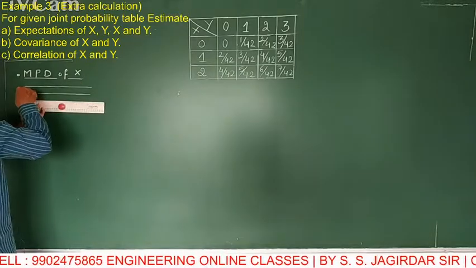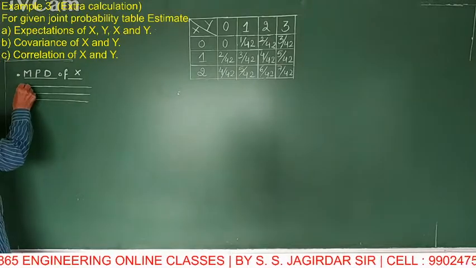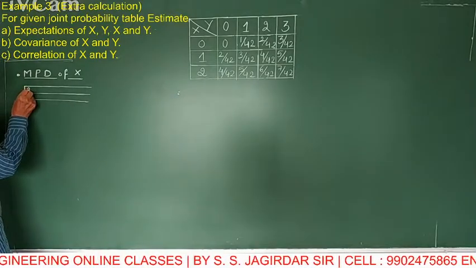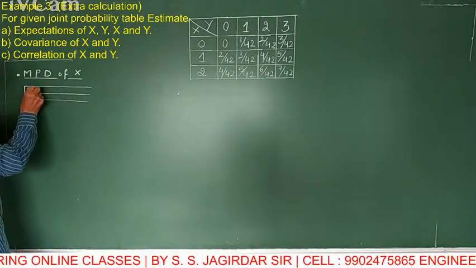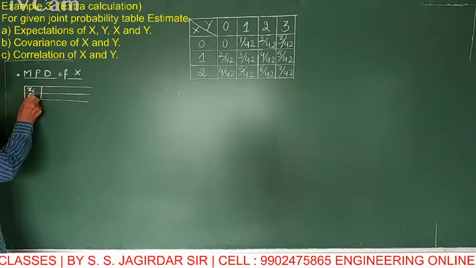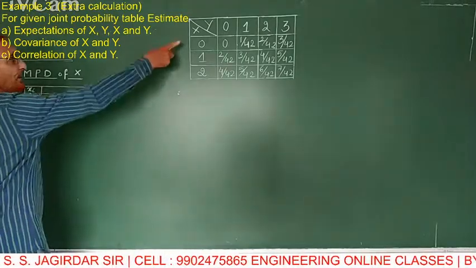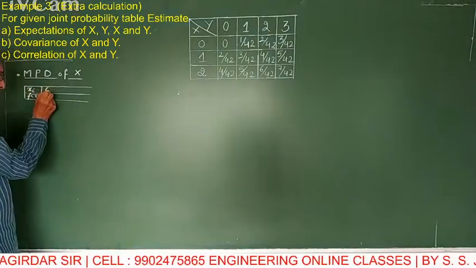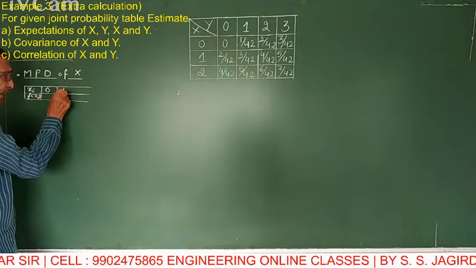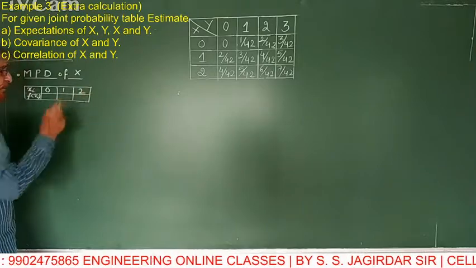Here we are going to take up first the values of x, which we put as xi, and the corresponding probabilities are f(x). And what are the x values? 0, 1 and 2. And what are the probabilities?